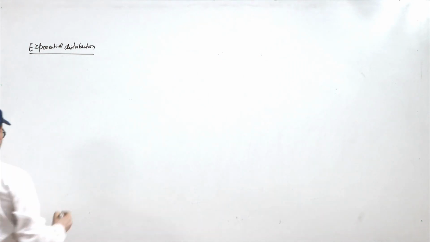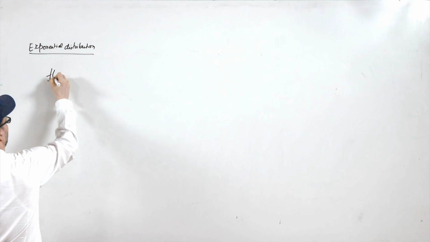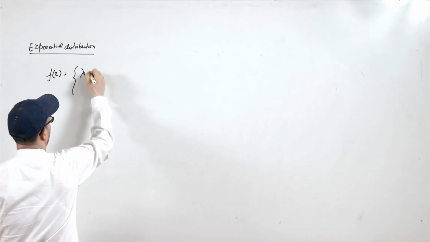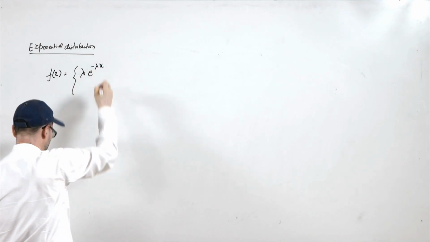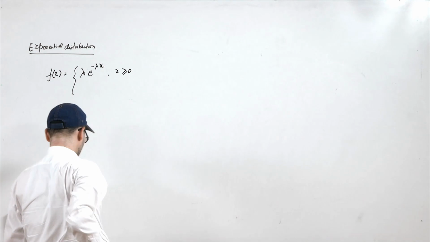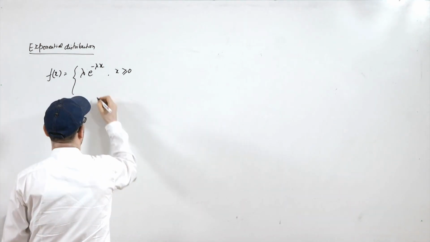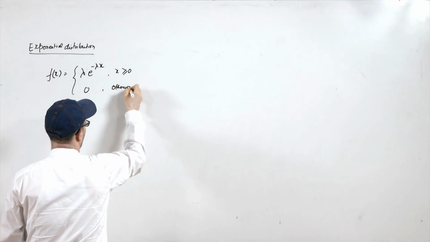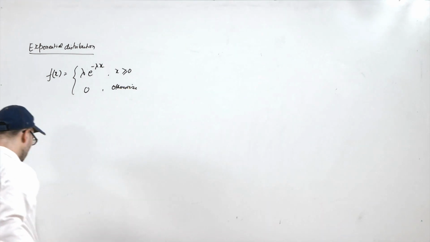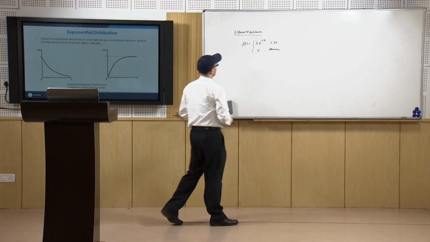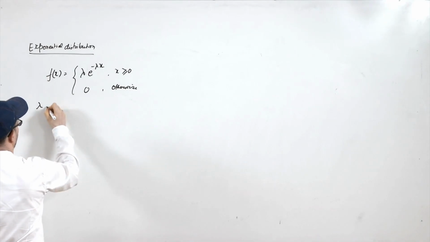So, in this case f(x) is defined as lambda e raised to the power minus lambda x when x is greater than or equal to 0, and it is 0 otherwise. So, lambda is the arrivals per hour or service per minute.